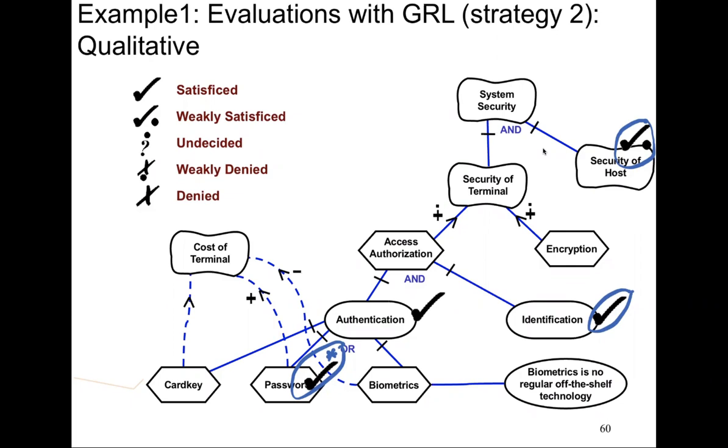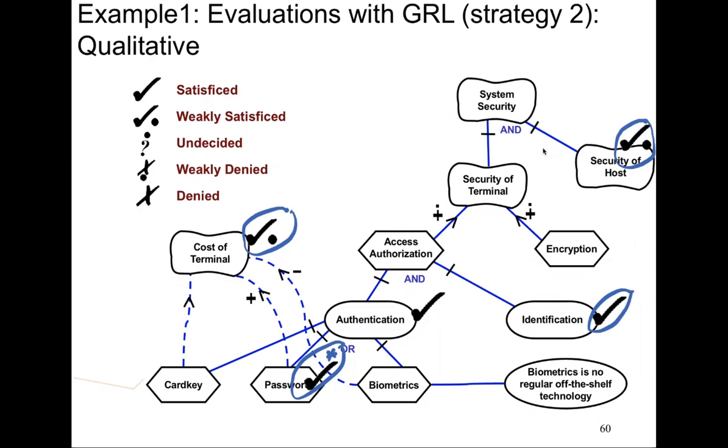So the access authorization task will be fully satisfied. And because password has a positive impact on the cost, the only side effect we might see is this: instead of having weakly denied, as we have seen before due to the negative contribution, now because of the positive contribution, the fully satisfied will be transformed into weakly satisfied for the cost of terminal soft goal.